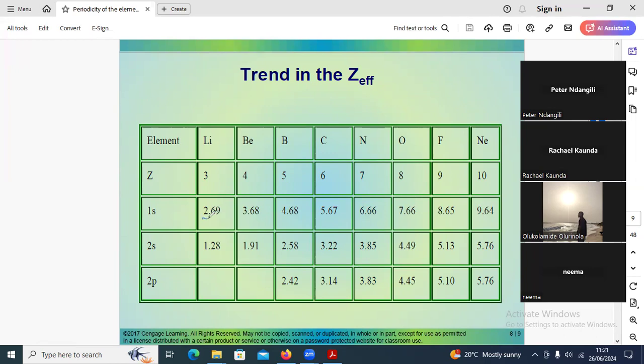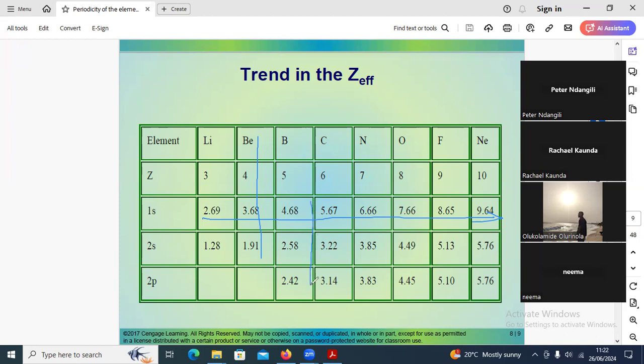So it is increasing in that particular direction. Now, as you go down a group, the effective nuclear charge is decreasing. For example, from beryllium, going downwards, you find that you have 3.68. When you go to a 2s electron, a 2s electron is going to have a lower effective nuclear charge.